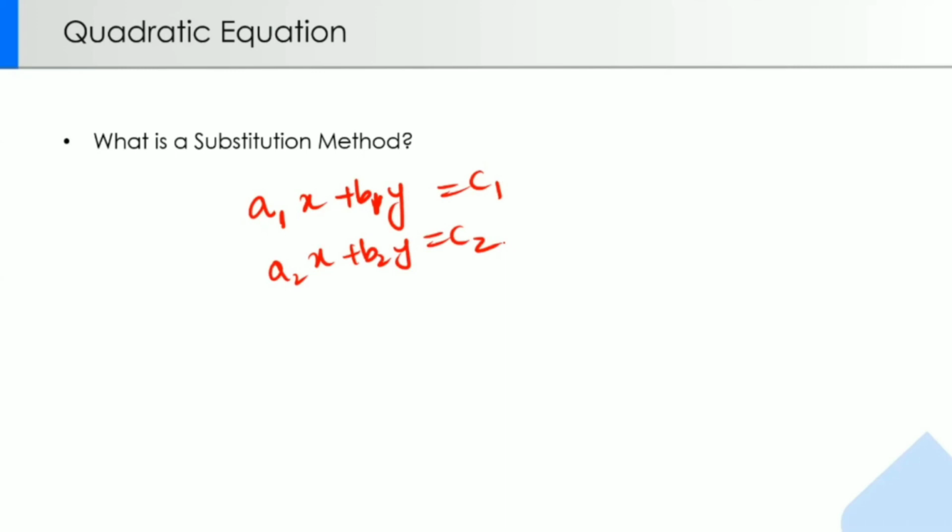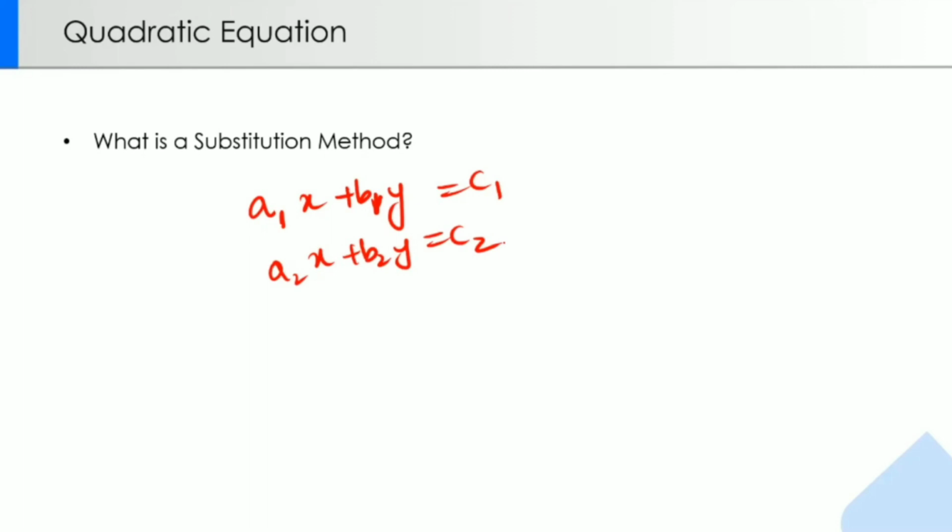From one of the equations, I'm going to express one variable in terms of the other variable. Then you substitute that value in the second equation, and the whole equation is converted into a single variable, so you can easily find the value of that variable. And from the previous equation, you can substitute to get the value of the first variable. So this is the substitution method.